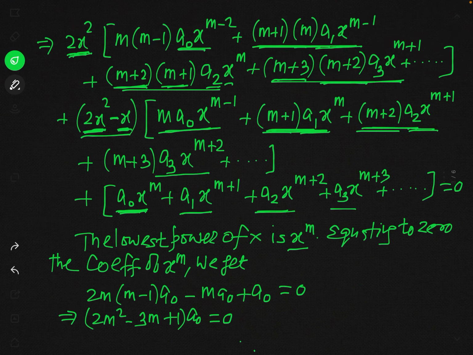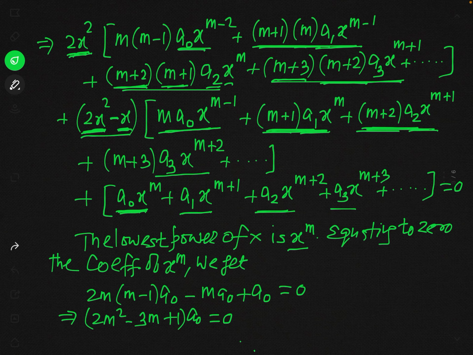Now again see, in the first series there will be no other term containing x to the power m plus 3, because all other powers will be either less than m plus 3 or greater than this. So now see the second series. When you multiply the 2x square by this term, x to the power m plus 3 will be obtained.